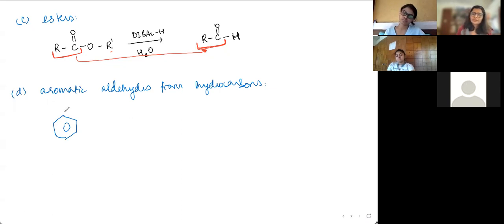See, benzaldehyde has a benzene ring and a CHO, right? If there is a carbon already here, then you can oxidize it and convert it into an aldehyde. So you may need to introduce a carbon first. Either you can start off with toluene directly, or if you're starting with benzene, convert it into toluene. Any of you remember how to introduce a methyl group to benzene?